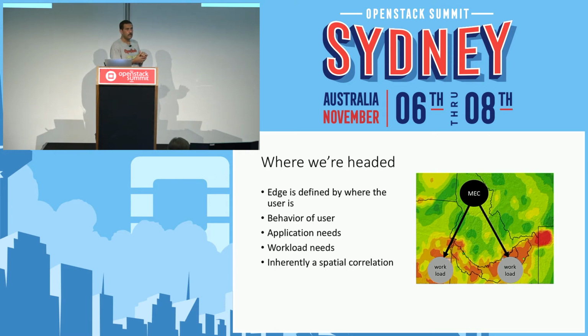So users moving down highways, 20,000 people going to a football game, hundreds of thousands of people showing up in downtown San Francisco for, say, Oracle Open World. Those are things which tax a network in a way which is very, very different from normal workloads. Or there's a hurricane.